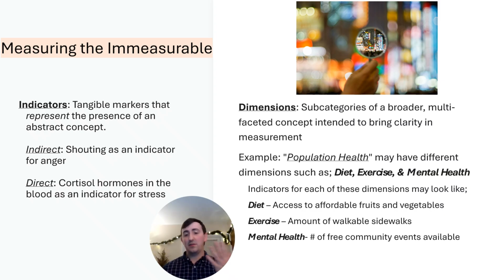Now, some of these are going to be direct and some are going to be indirect, depending on the measurement you're going for and the complexity of that larger study, that larger concept. So the largest concept here is population health. The dimensions are exercise, diet, and mental health. And then each one of these has their own indicators and observables.